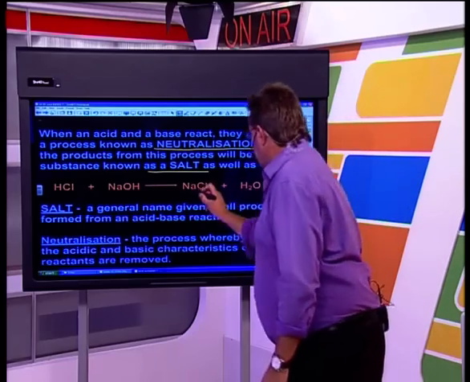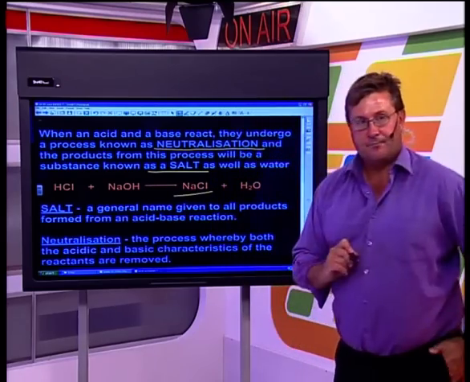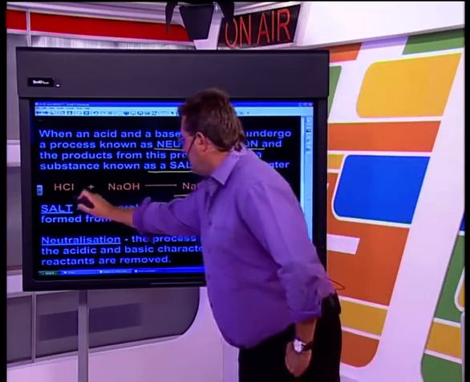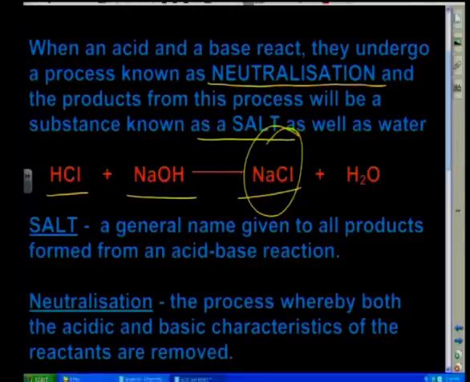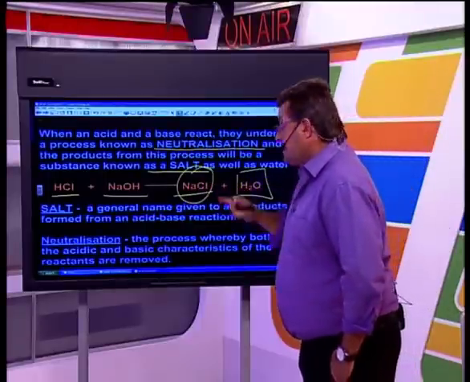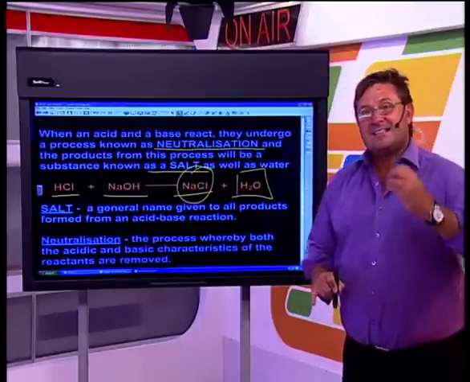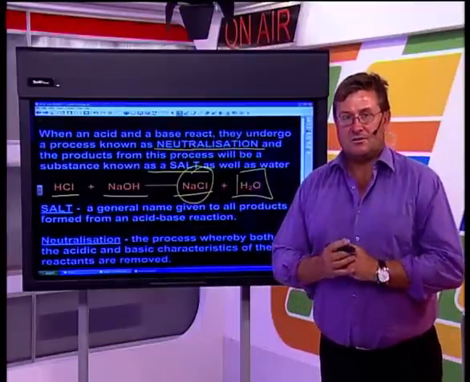Well, everyone knows that salt is sodium chloride. Okay? And we can make sodium chloride by reacting the acid hydrochloric acid and the base sodium hydroxide, and we will form sodium chloride, and we also get another product which is simply water being given off. NaCl, sodium chloride, is an example of a salt.